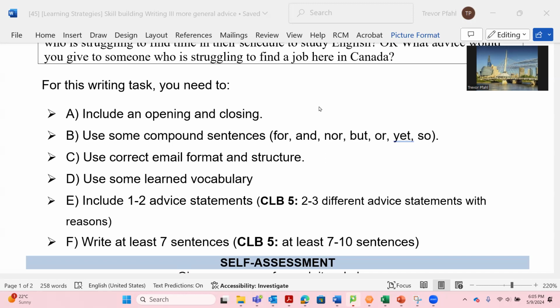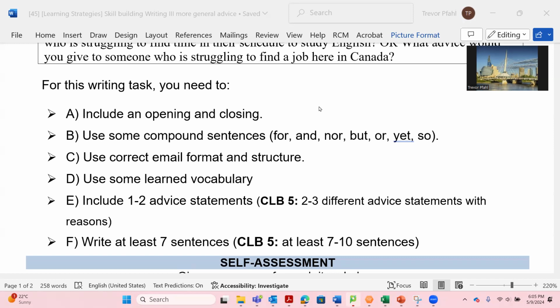And on the board, I have 6 areas that you want to look at. So for example, you'll see A includes an opening and closing. So if I'm looking at a writing, then I'll put an A next to the opening and the closing. So that shows that they have that.